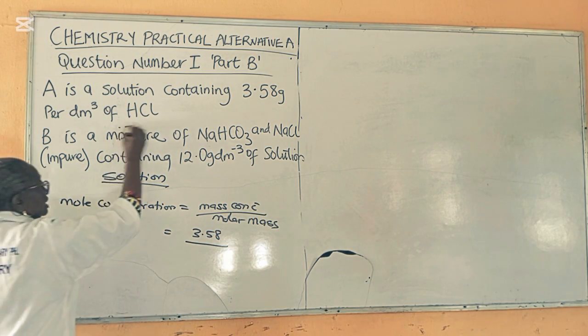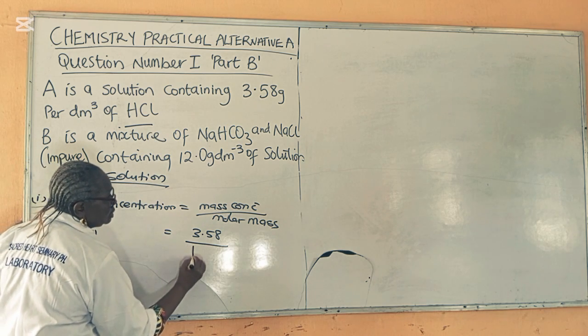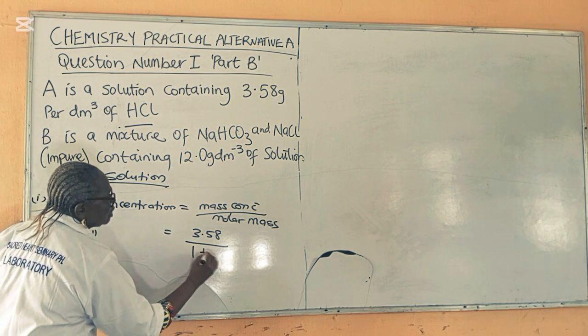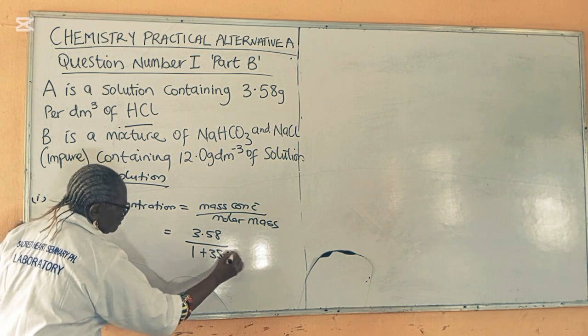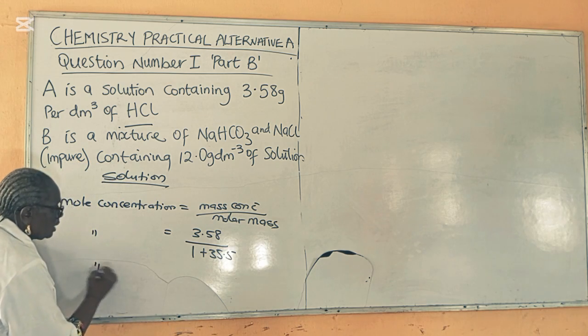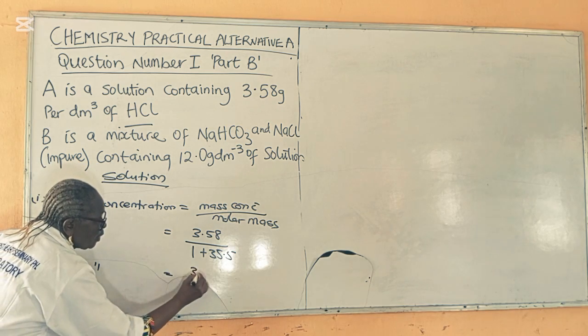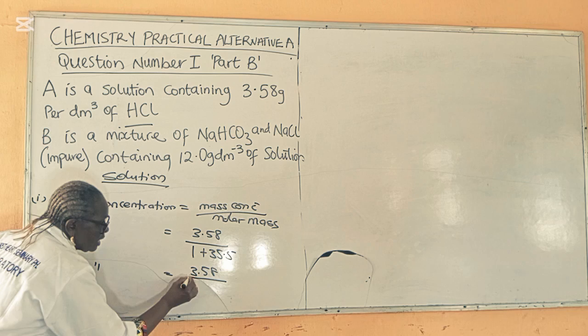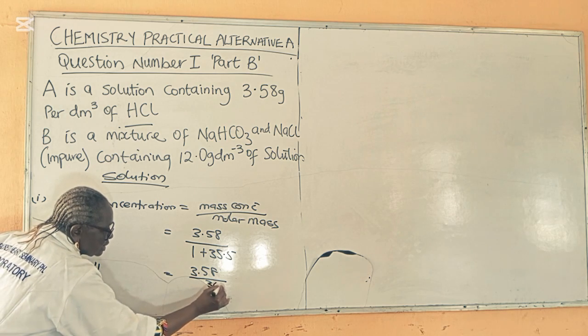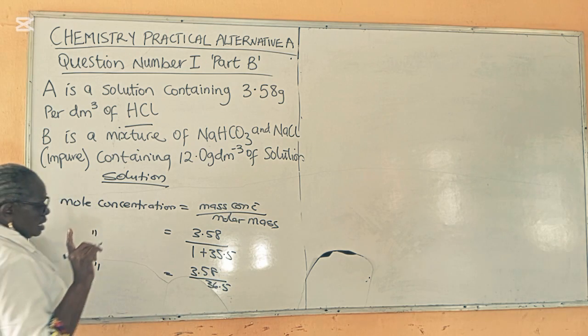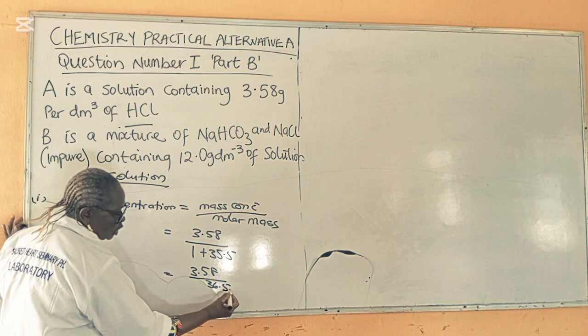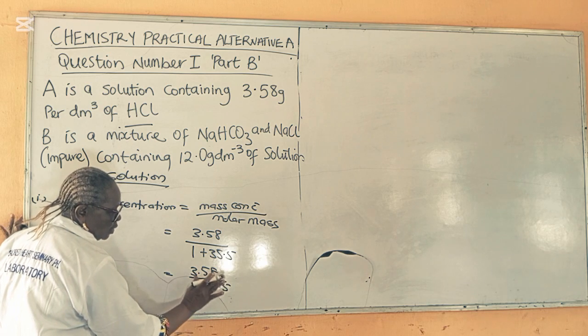Then what is the molar mass of HCl? Take note, H is 1 plus 35.5. You bring it down, so it is 3.58 divided by 36.5. Like I said in part A, you don't need to put unit, just leave it the way it is.